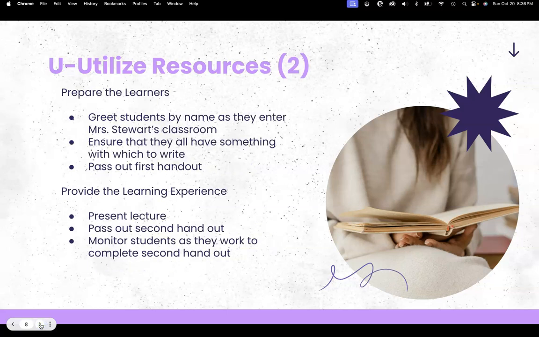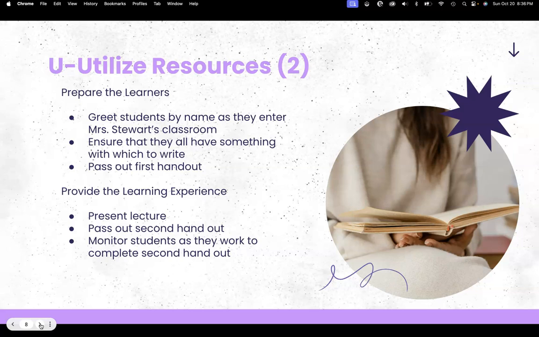handout. The next part of utilizing resources was to prepare the learners. I would greet the students by name as they enter the classroom, and then ensure they all have something with which to write, and pass out the first handout. And that's when the slides would actually begin. And then I would present the lecture, pass out the second handout, and monitor the students as they complete the second handout.